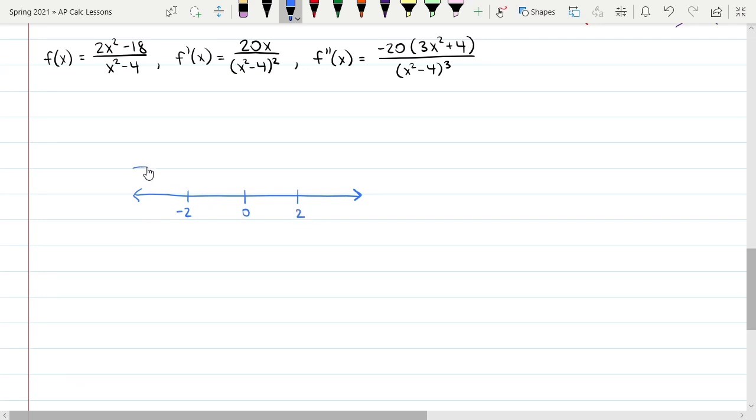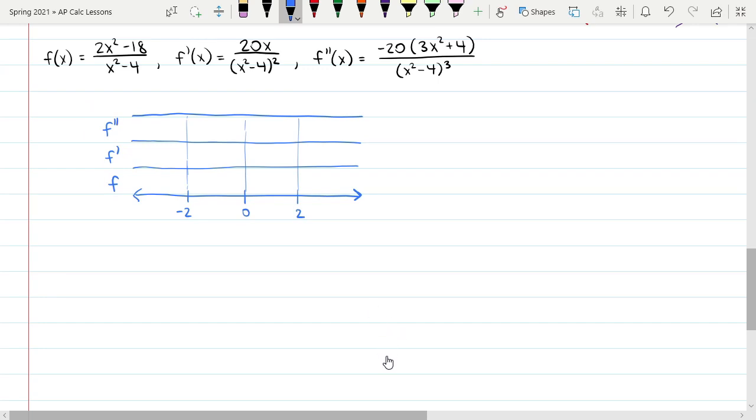Now, like I said, this is the mother of all sign charts. Up until now, you've had 2 lines, one for f, and then one for either f prime or f double prime, whichever we were working with. But because we're looking at both, we're going to make this a 3-row sign chart. The bottom row is going to be for f, the middle row is for f prime, and the top row is for f double prime.